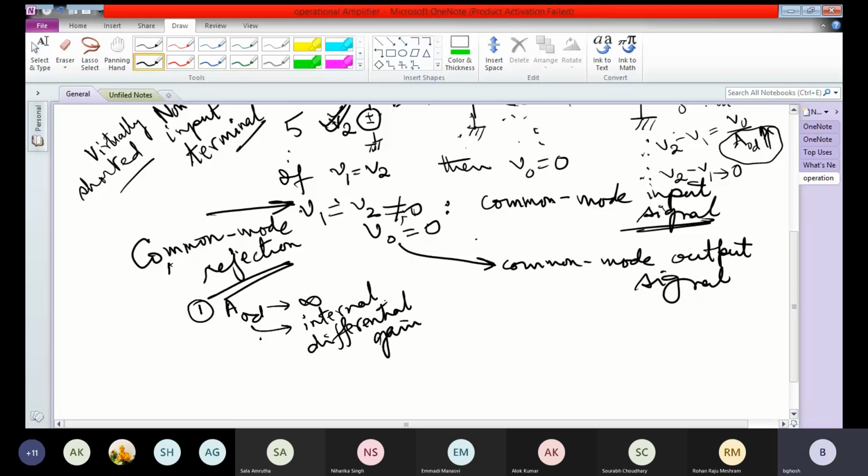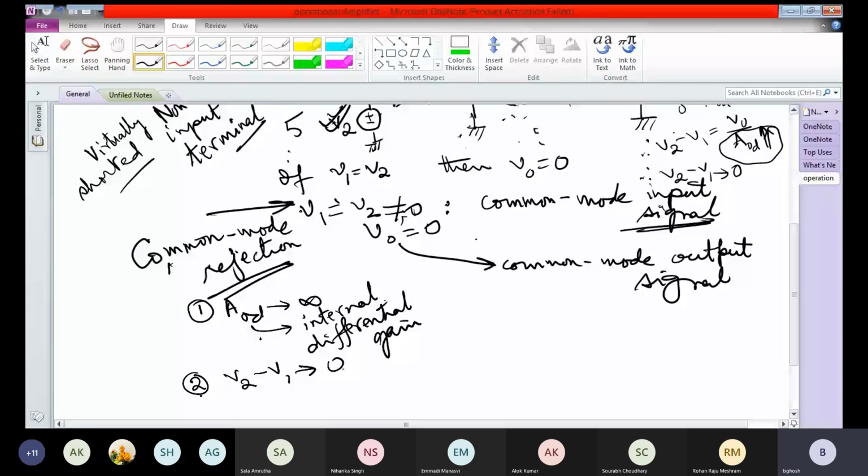And therefore, we also noted right now that V2 minus V1 tends to 0, or it is assumed to be 0. So the two input voltages V1 and V2 are nearly equal.